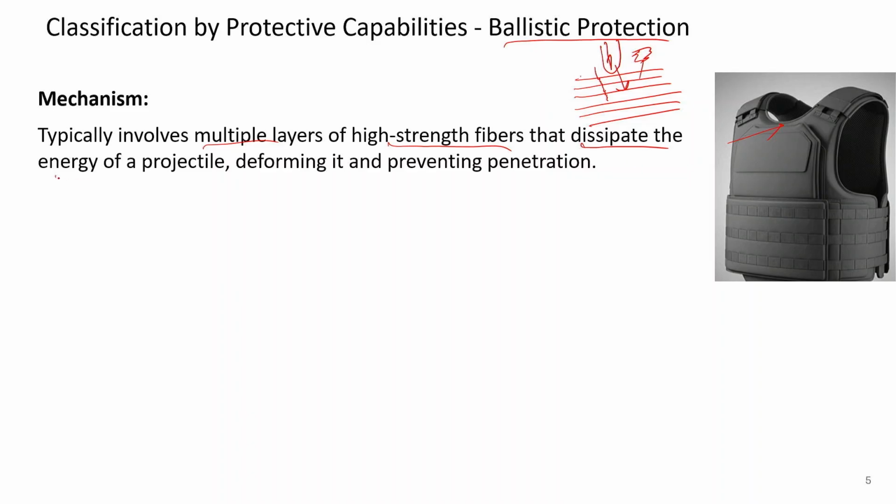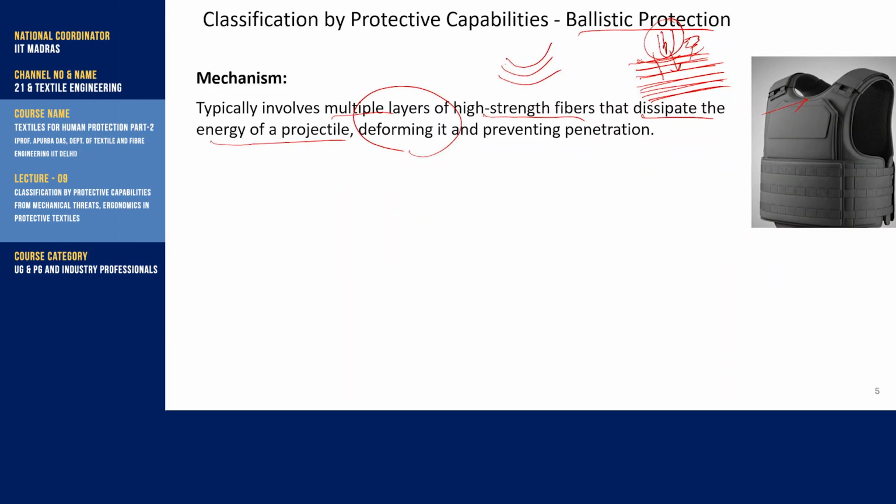It dissipates the energy of the projectile and there will be deformation. This multilayer textile, after the bullet hits the surface, will deform by extension of this fibrous structure or fabric, which actually absorbs the majority of the energy from this flying object.